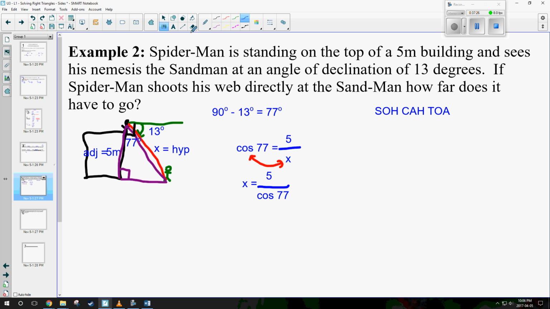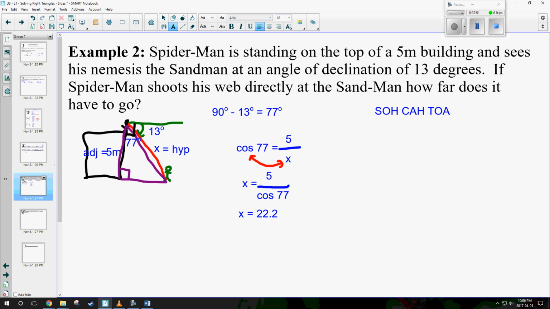So x is equal to 5 divided by cos of 77 degrees. We just type that into our calculator to solve for x, and we get 22.2 for our x value.